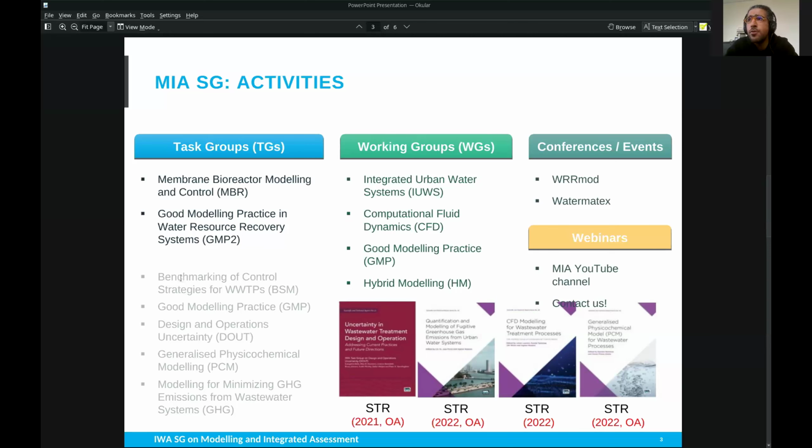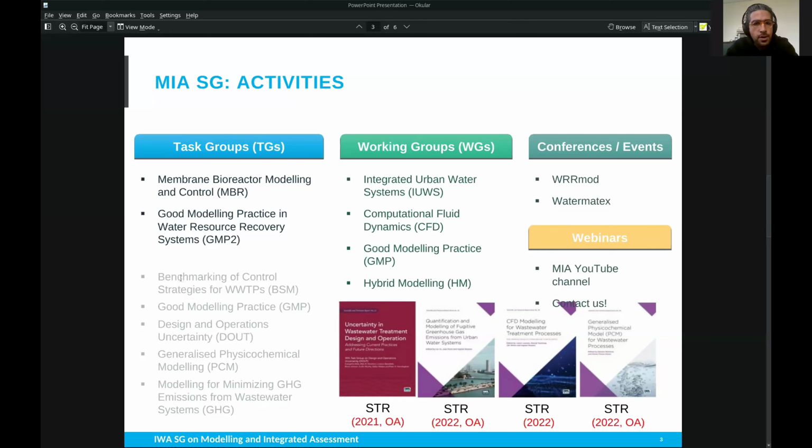We now have number 2 currently running. At the end of their time, they usually publish a scientific and technical report as a summary of the whole activities done during the few years of that task group.